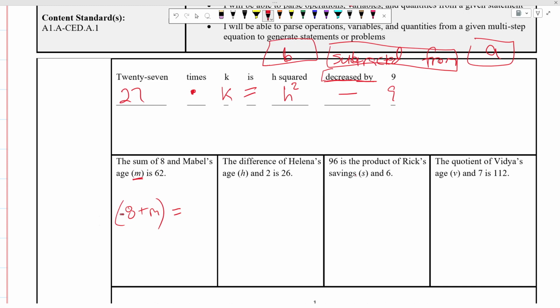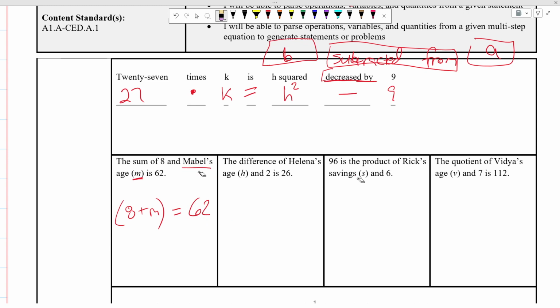But best practice is to always put the parentheses as you're building this thing out, and then as you're preparing to solve, reevaluate if those parentheses are still absolutely necessary. With that said, I got my variable. I basically got this whole side of the equation done. I just got this one to focus on here, and all that's here is just a plain old 62. So here we go. That's it, right? We're building up to a word problem now.